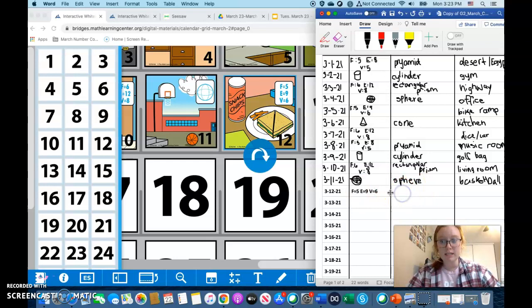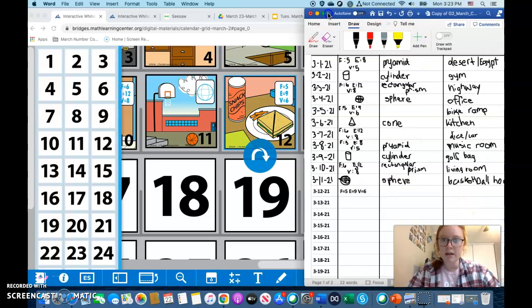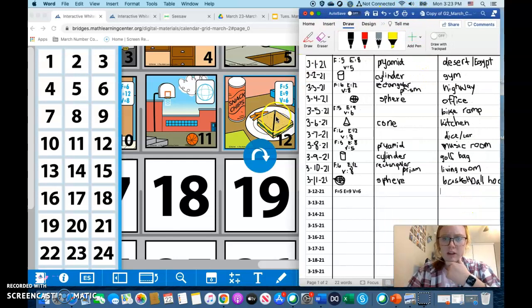We're going to figure out what this mystery one is, so I'm going to leave this blank for now. And for our location, it looks like we're probably looking at this sandwich, right? So I'm going to put sandwich, and it's in the kitchen. Most likely you'd eat your sandwich near the kitchen, so I'm going to put kitchen there.